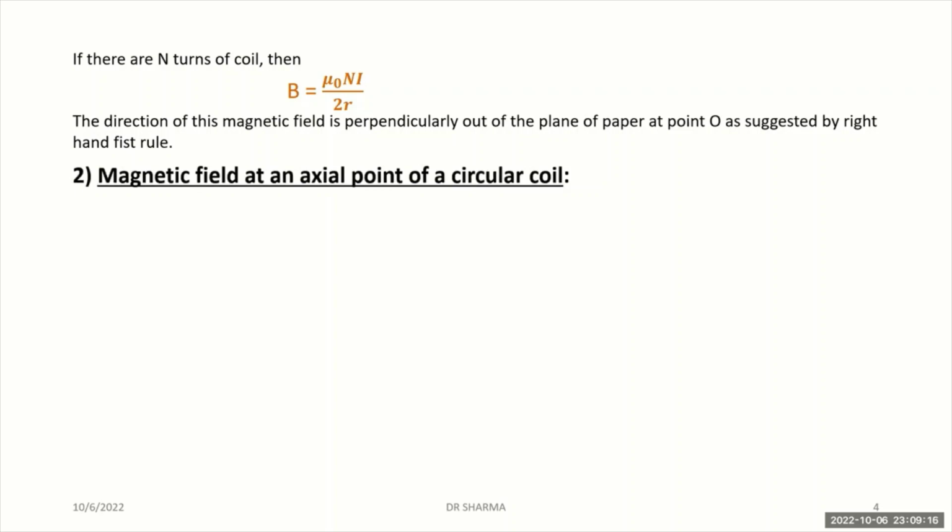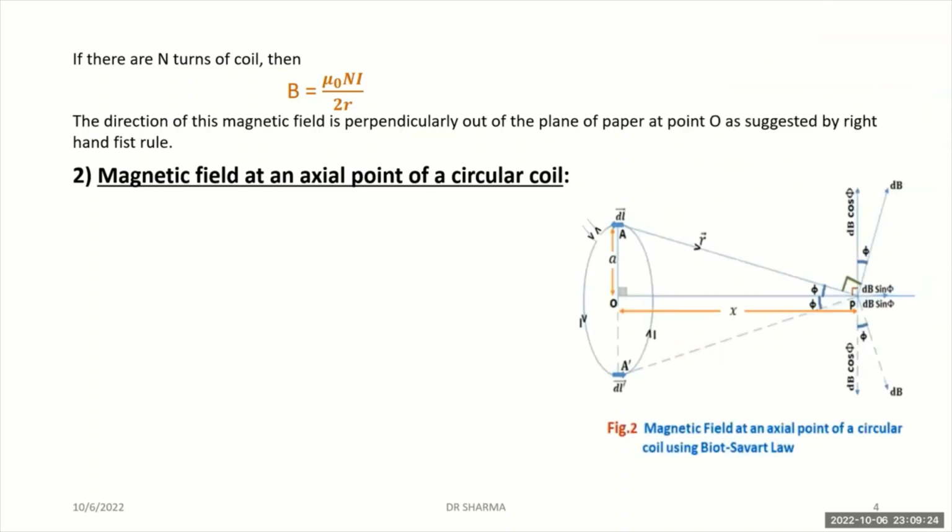Now let us discuss the second application of Biot-Savart law: magnetic field at an axial point of a circular coil. Consider a circular coil of radius a that carries current I in anticlockwise direction when viewed from the right side.